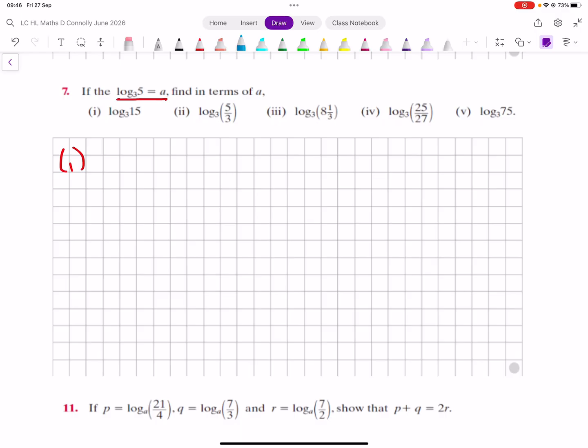So log to the base 3 of 15. Could that be log to the base 3 of 5? No, because we'd multiply and get 25, so that doesn't work.